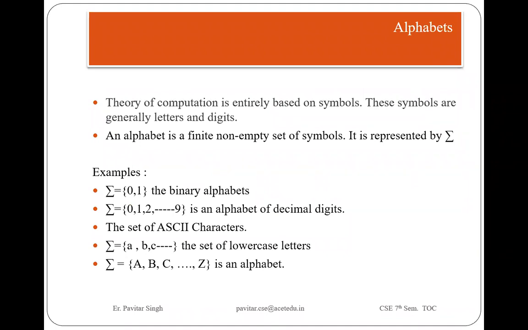First of all, theory of computation is entirely based on symbols. These symbols are generally letters and digits. So an alphabet is a finite non-empty set of symbols. You should first understand the term finite.